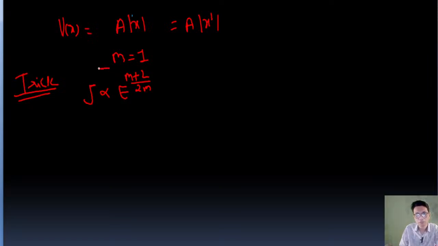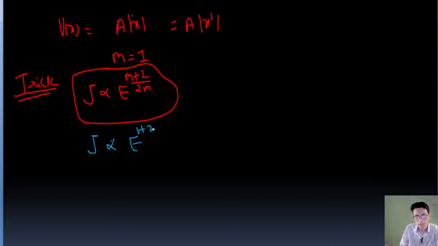So the value of J is proportional to E to the power (1 plus 2) upon (2 into 1), which is E to the power 3 by 2.